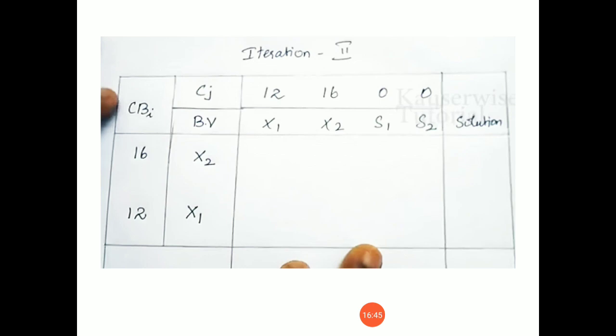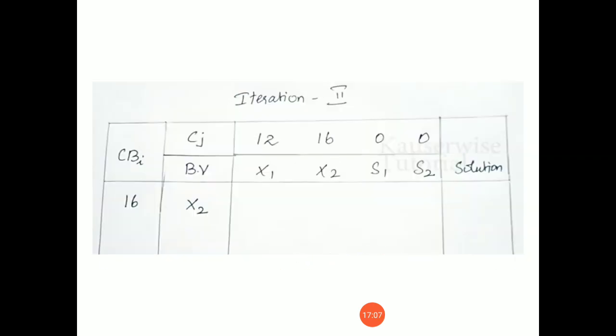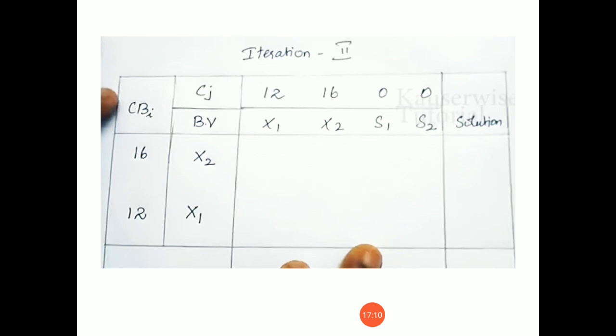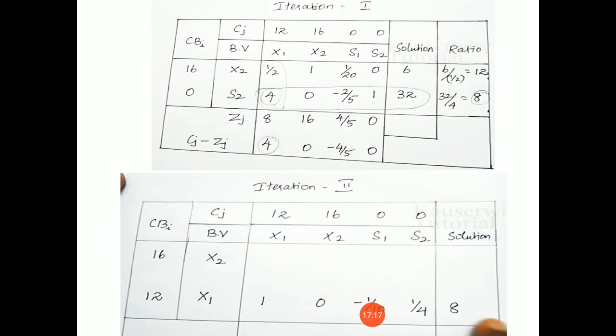And for the newly entered basic variable, the row elements are filled using the formula old value divided by key element. So here the newly entered basic variable is x1, and its row will be filled by old value divided by key element.